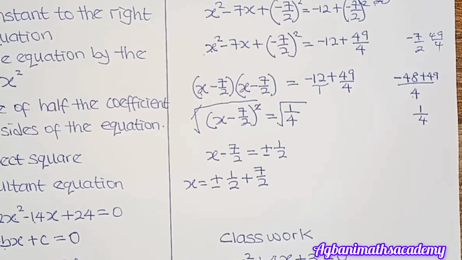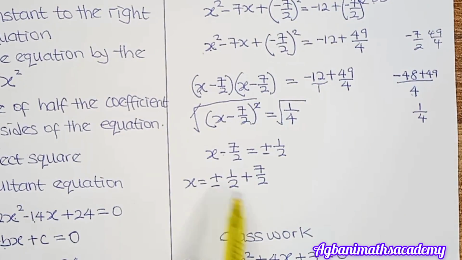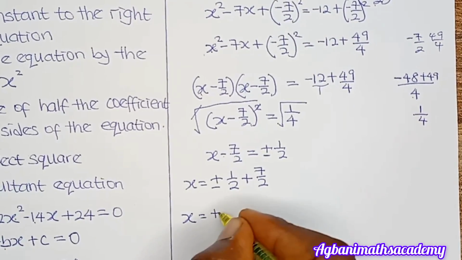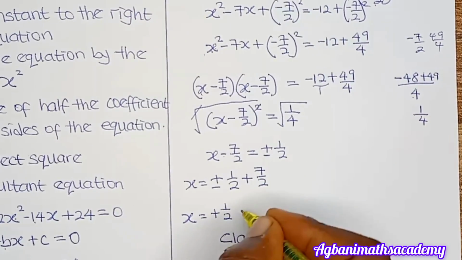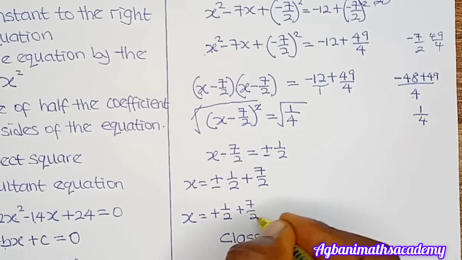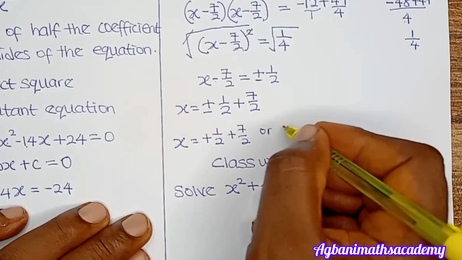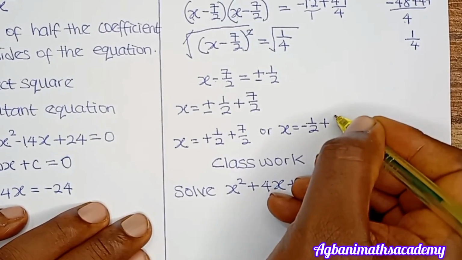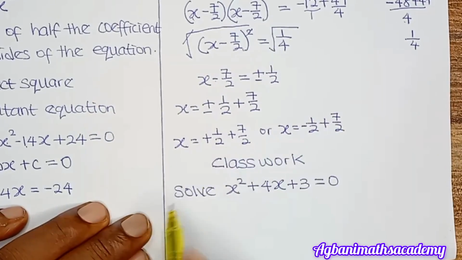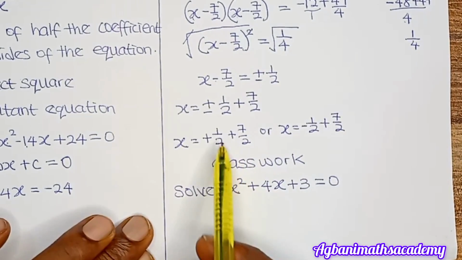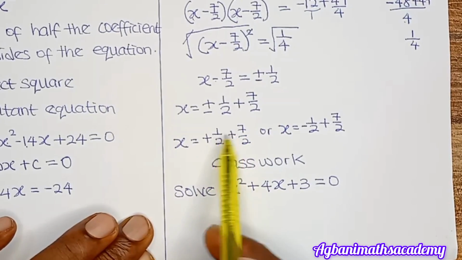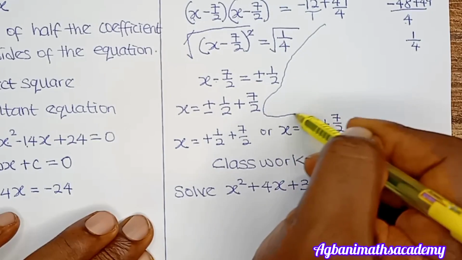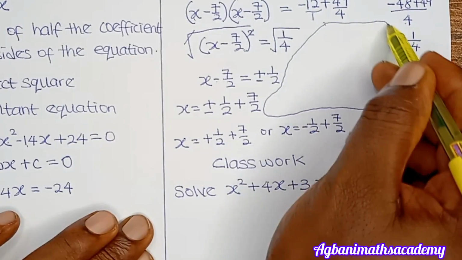So now we have two possible values of x. x is equal to +1/2 + 7/2, or x is equal to -1/2 + 7/2. So since the denominators are the same, all we need to do is add the numerators. So we're going to continue over here because of space.